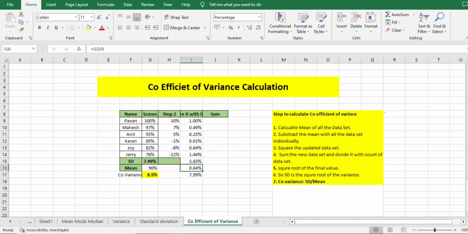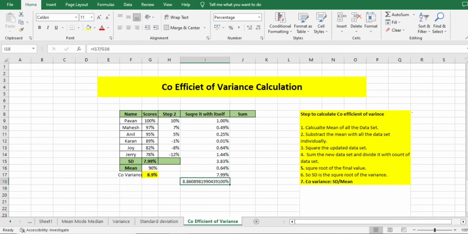This is not the standard deviation, this is the variance for me. If I take the square root of it, I will get the standard deviation. Now simply divide the standard deviation by the mean. I got the same result as in the initial step, 8.9%, and now also I got the same result, that is 8.9%. This is all about the coefficient of variance.